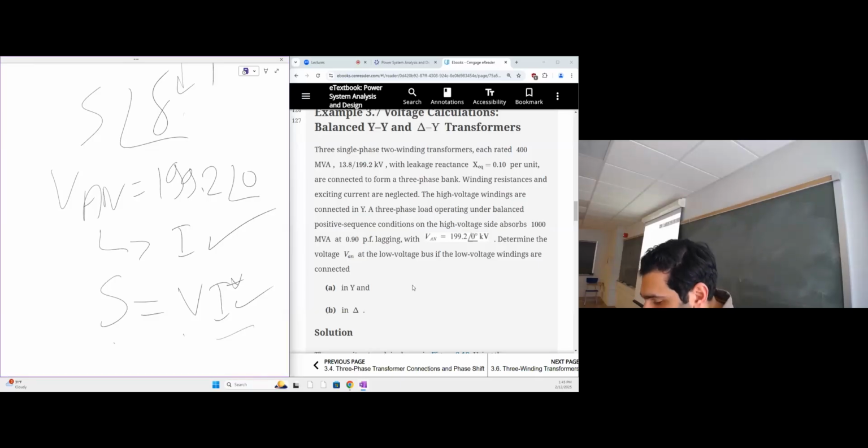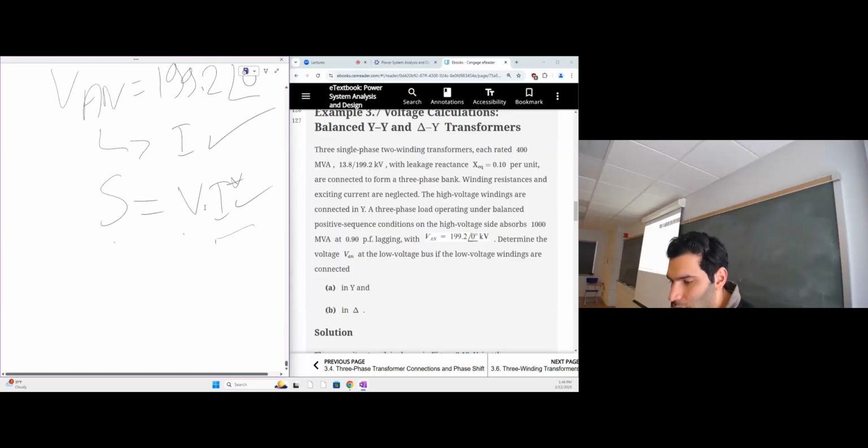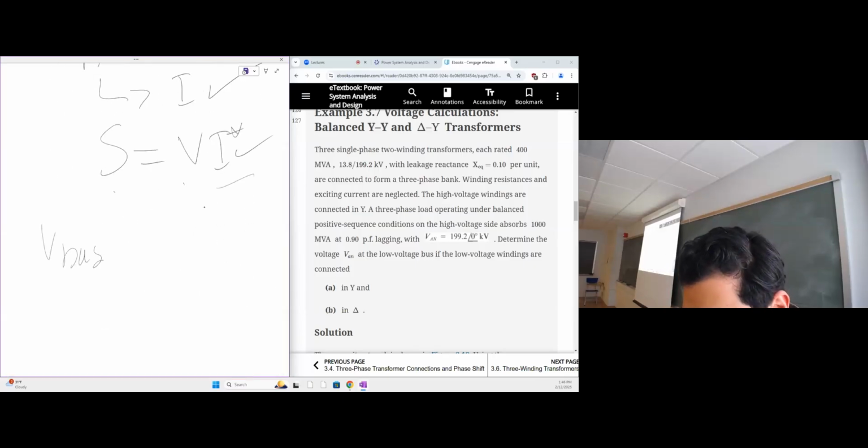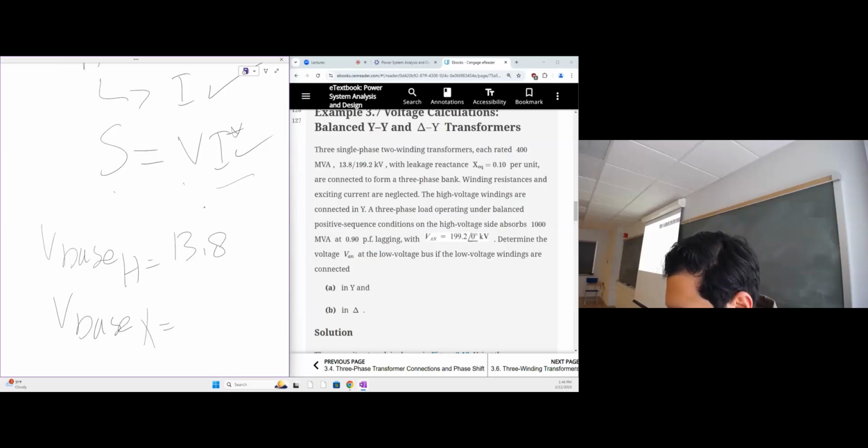So this is what he's doing, but he would like to solve that in per units. So we need to normalize everything, make sure it's within that one range, and then make our calculations. So let's say if I take here 13.8 as my base on the primary, 199 will be my base on the secondary. Is that right? So if I take V base, I call it H because of their names, 13.8, V base X would be 199.2.